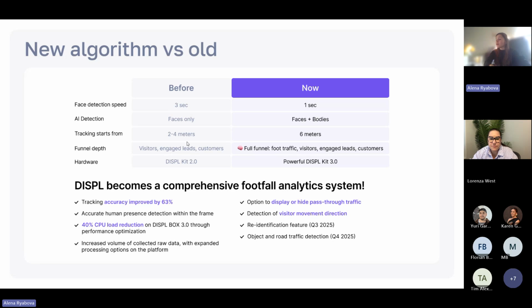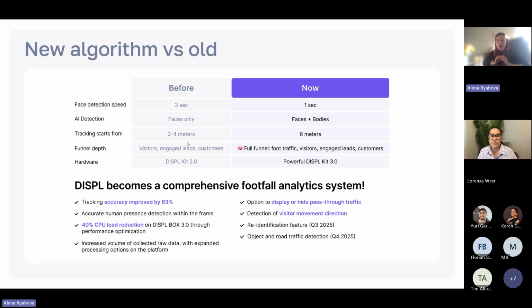And again, we are trying to improve the technology every single month, and our R&D team is doing a lot. We improved the accuracy dramatically, not just because our body detection algorithm appeared, but also because we completely changed our face detection algorithm.